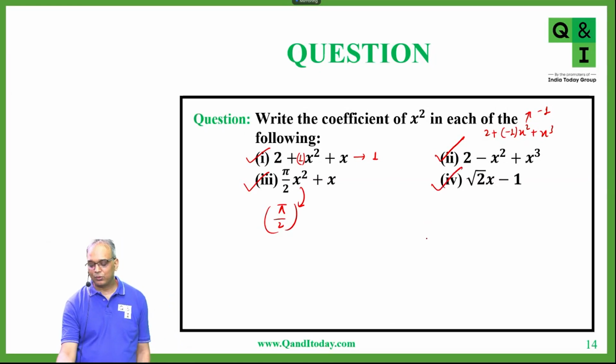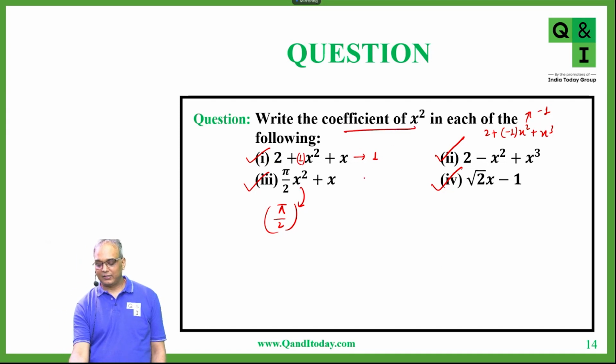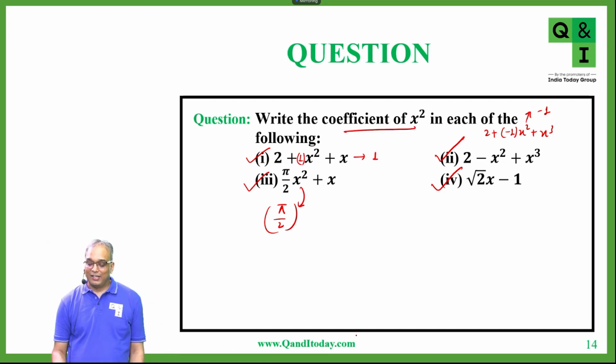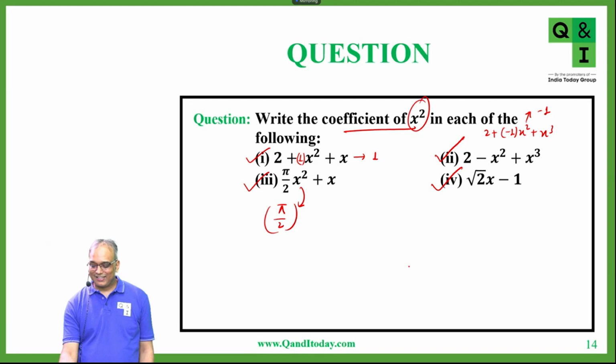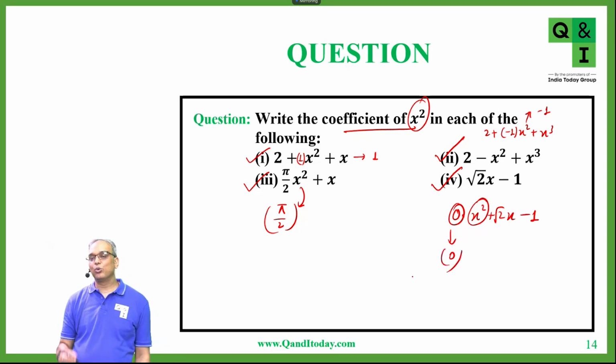And for the fourth one? Root 2? No. Nothing. 0. See, I can write this as 0 into x square plus root 2 into x minus 1. So the coefficient of x square here is 0. Why? Because there is no term of x square.